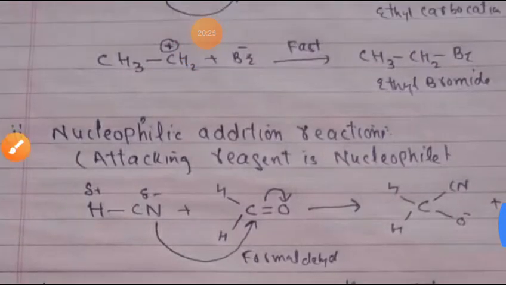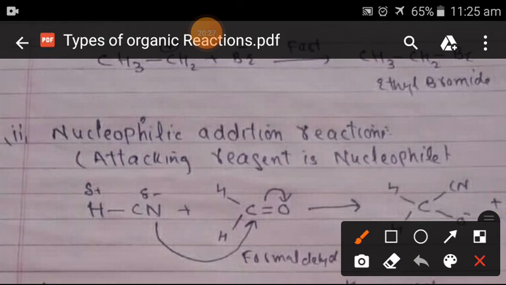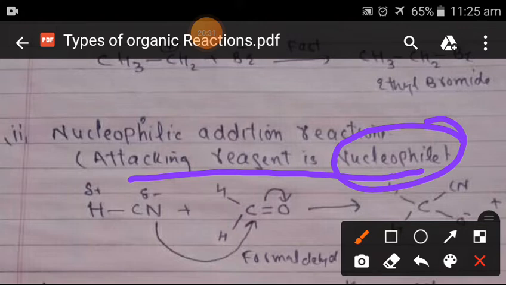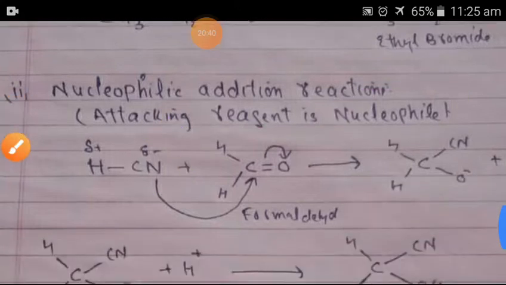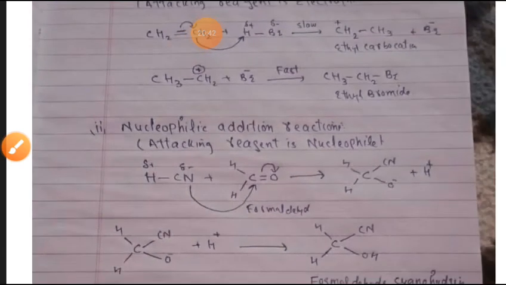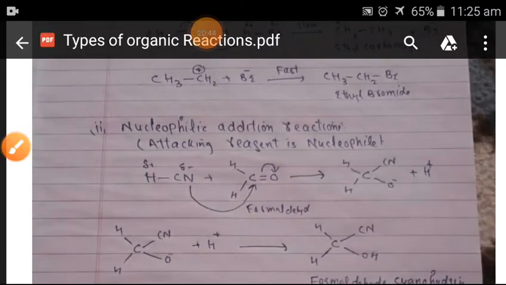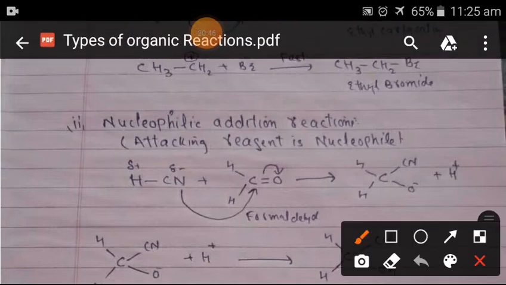Clear? This was the electrophilic addition reaction. Second is the nucleophilic addition reaction. Now the attacking reagent is a nucleophile. Nucleophile means electron rich. The electron rich center will attack this electron deficient center. Let us see here that formaldehyde contains a carbon-oxygen double bond, in the presence of hydrogen cyanide.